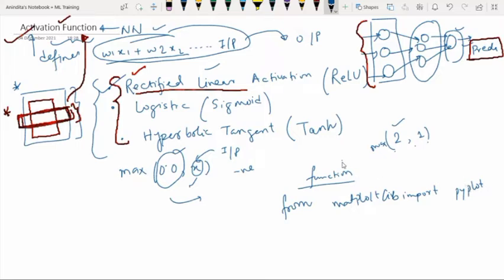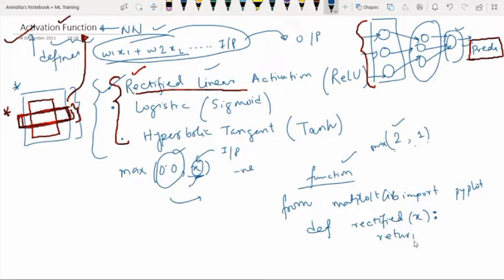Then you have to define one function in order to design your own activation function. So how can you write a function in Python? For that purpose, you have to write def. Def is the keyword, and then you can write any function name. Say rectified, that is the ReLU function, and then you have to specify the input. Say here our input is x. So this acts as an argument, and then you have to use a colon.